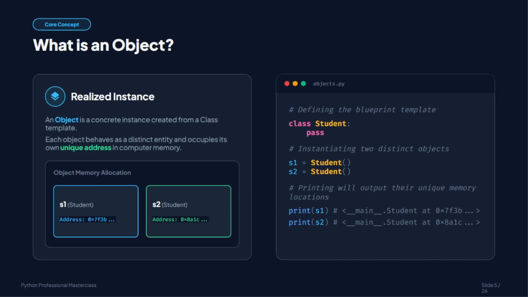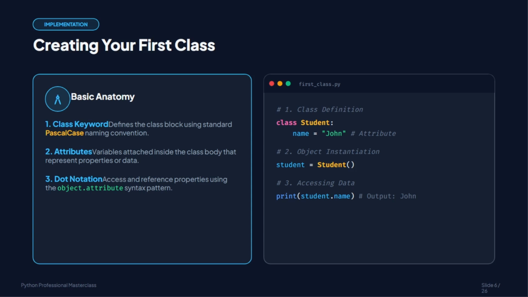That means each object occupies its own memory. So one class can create 10,000 or even a million objects. Think about a cookie cutter. You have only one cutter, but you can make hundreds of cookies using it. The cutter is the class and the cookie is the object. Now let's create our first class. For that, let's move to the coding.